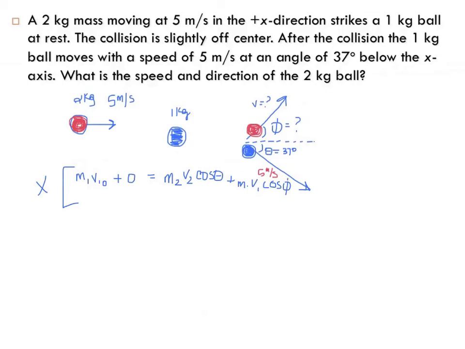Again, all of this is information I know except for my phi and v1. So instead of writing v1 and cosine of phi, I can actually replace this with my velocity in the x direction for my first object.